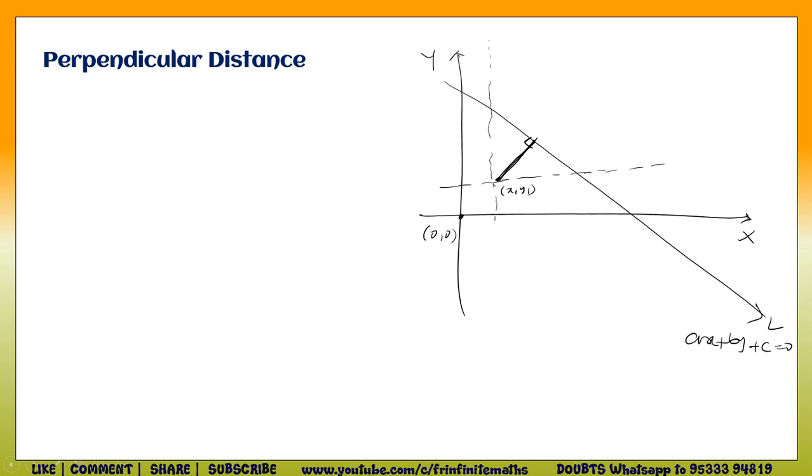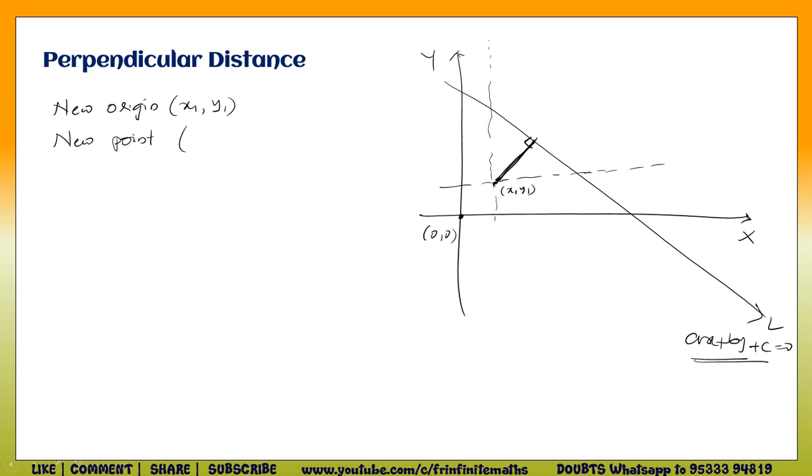this origin is shifted to x1 comma y1, then my line equation also changes, no? So we need to write that here as well. What is the new origin? The new origin is given by x1 comma y1. Then what about the new point?